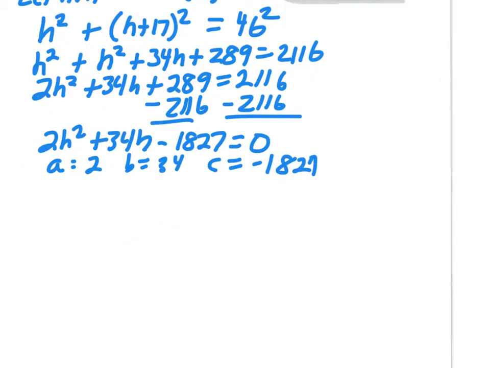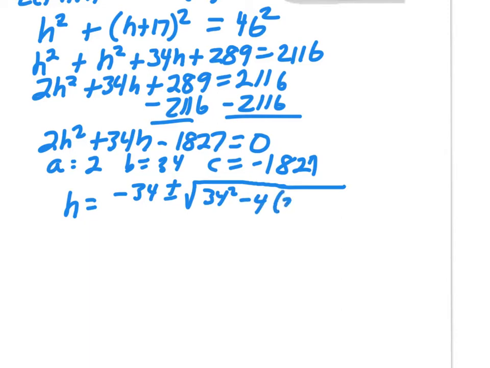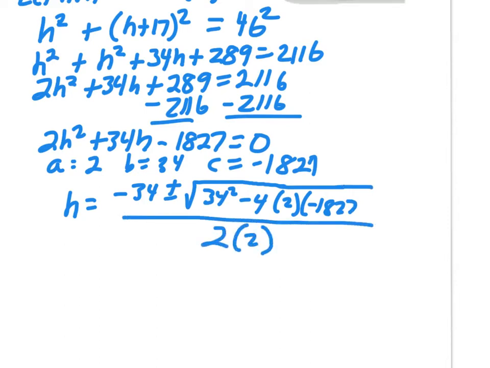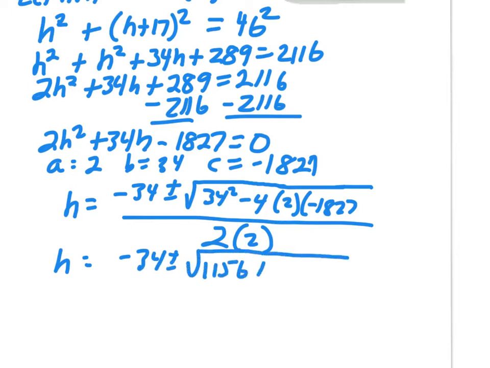So h equals the opposite of B, plus or minus the square root of 34 squared minus 4 times 2 times negative 1827, all over 2 times 2. So that'll get me h equals negative 34 plus or minus the square root of 1156 plus 14616, all over 4.